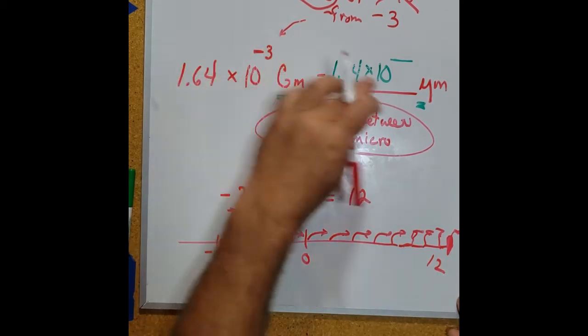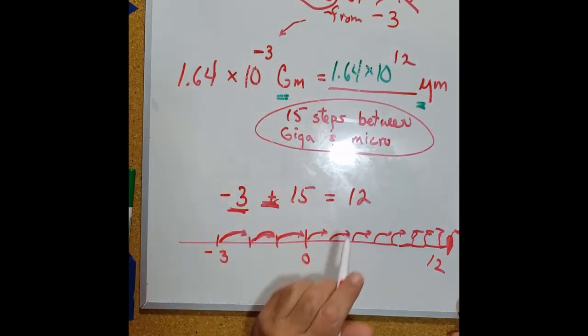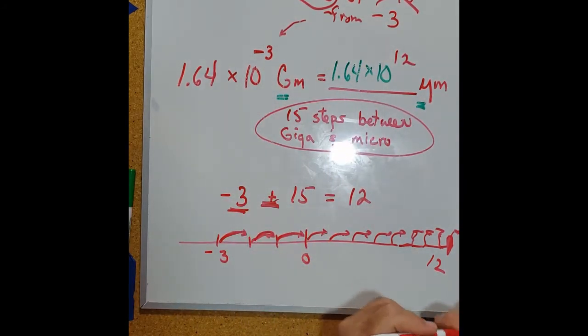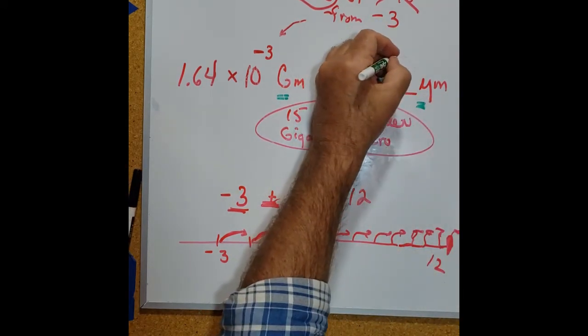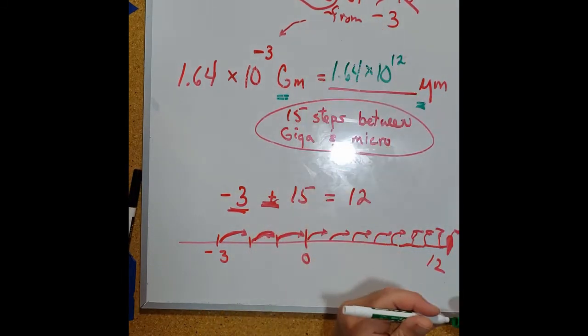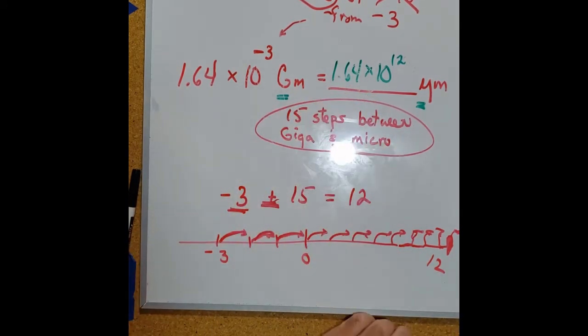So anyway, this is going to be 1.64 times 10 to the 12 power. Now, the Google Doc that I put online has this answer already entered for you.